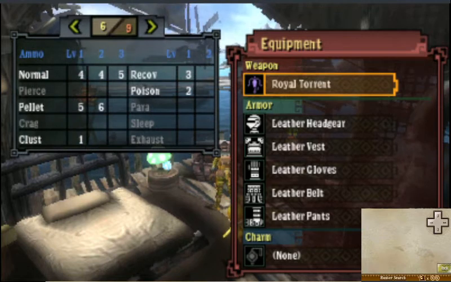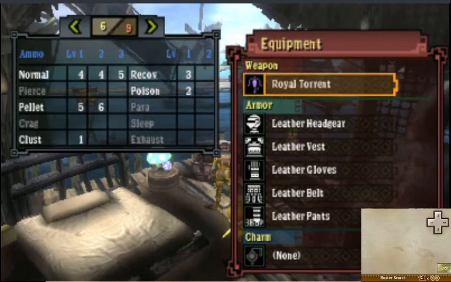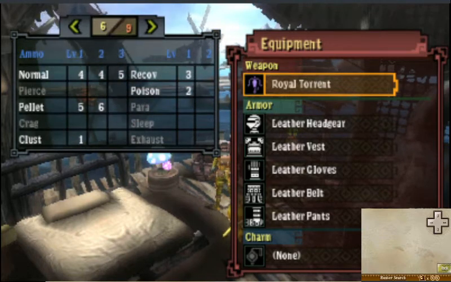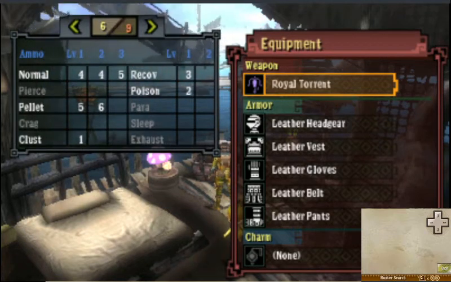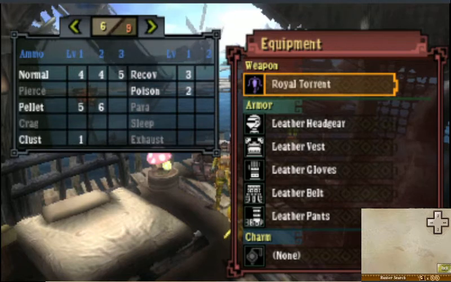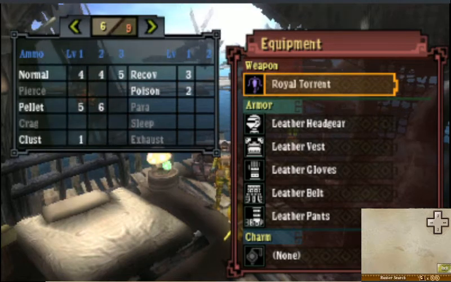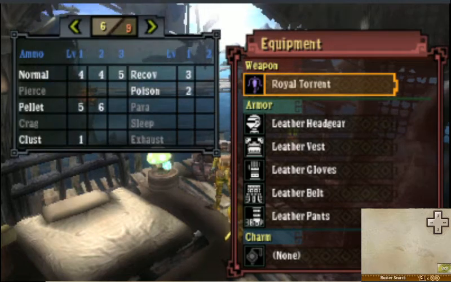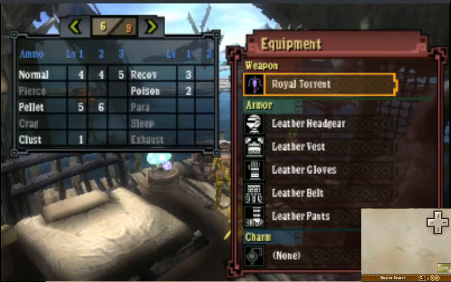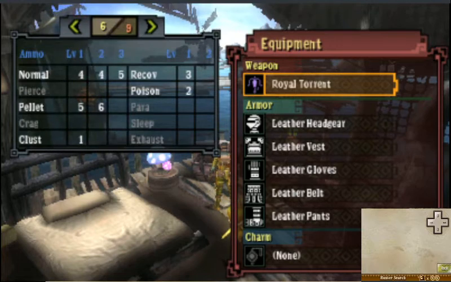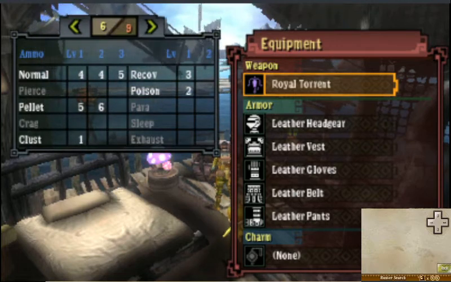The numbers in each of the cells are the maximum number of ammunition that can be loaded per round, before you run out of ammo and will be forced to reload.